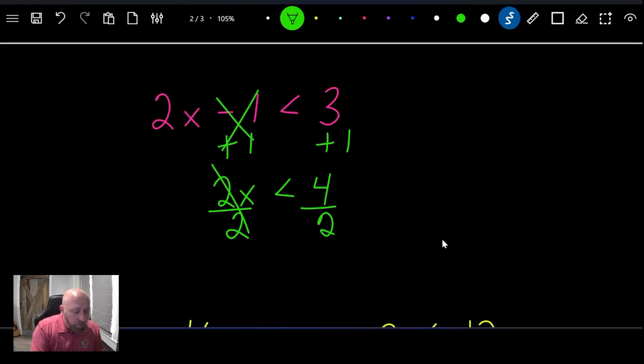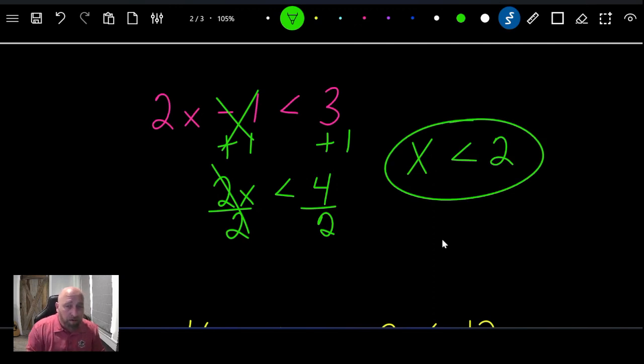So we're just going to do our thing, and we're going to get that x is less than 2. And that would be our answer. Don't flip the sign if you're not multiplying or dividing by a negative number. If you're multiplying or dividing by a positive number, leave the sign alone, and then you'll be fine. So again, any number that's less than 2 should work.